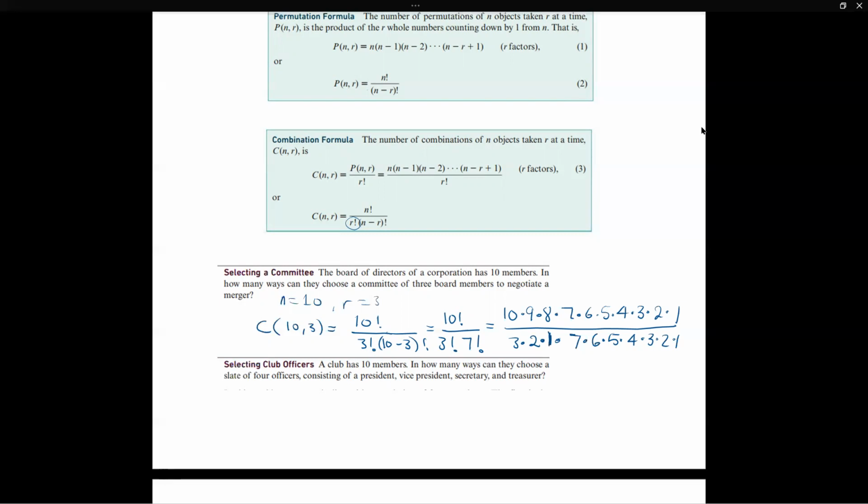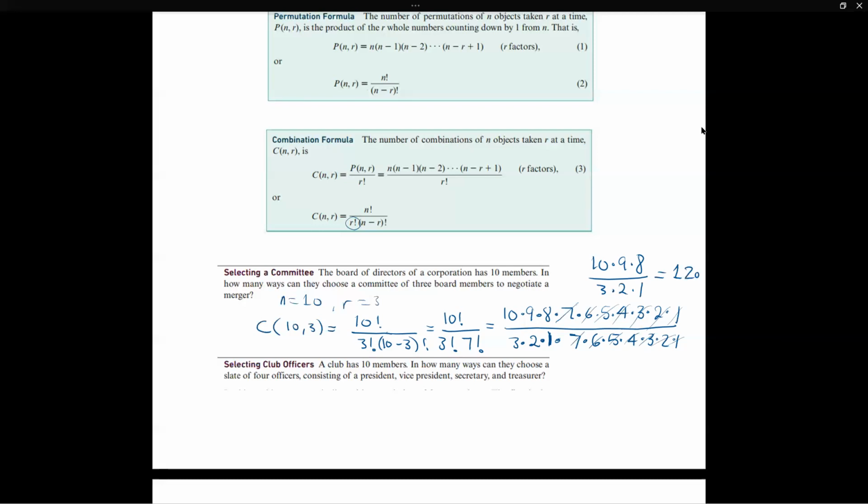If you put it this way, it allows for elimination or cancelling. 3 divided by 3 is 1, 2 divided by 2 is 1, and that leaves you with 10 times 9 times 8 over 3 times 2 times 1, which is 120 ways.